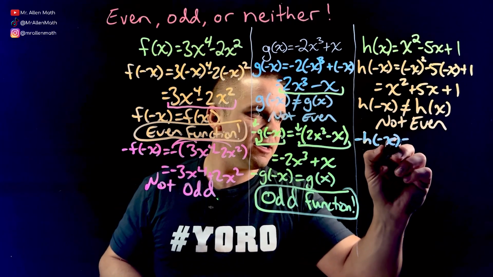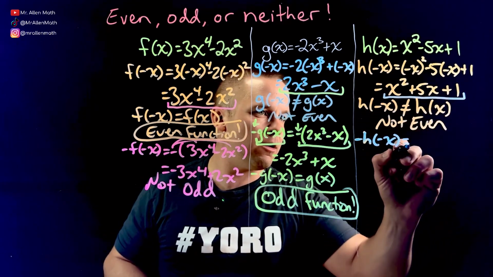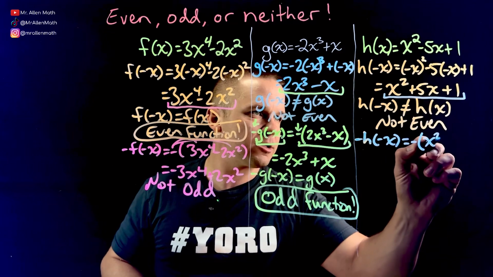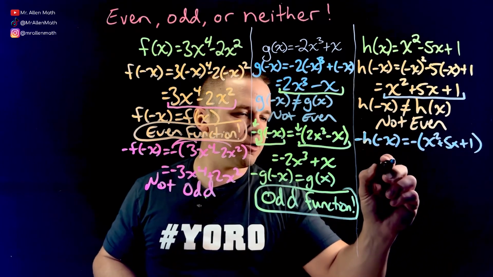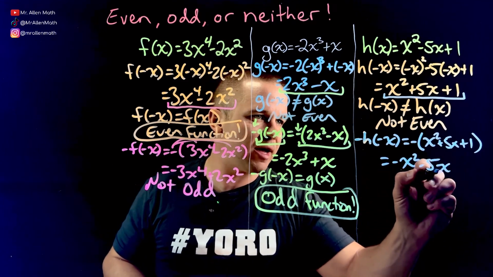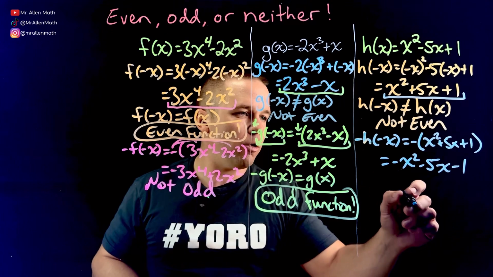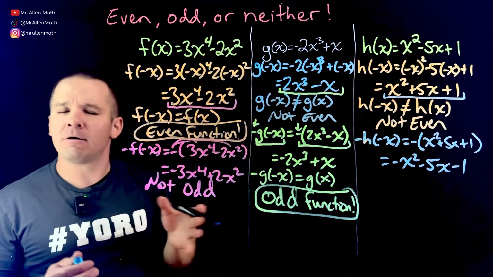Negative h of x equals, well, I can take the h of negative x right here and throw a negative out front, x squared plus 5x plus 1. Distribute that negative, and I'm going to end up with negative x squared minus 5x minus 1. Well, now the only good term is my linear term that matches up to the original, right? Which is interesting, right?